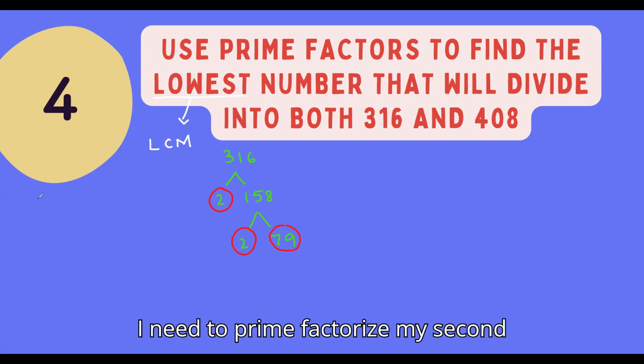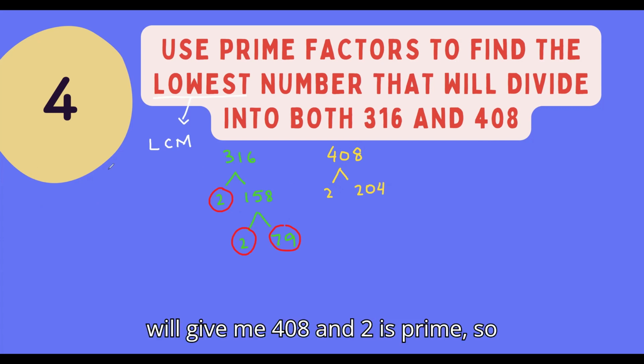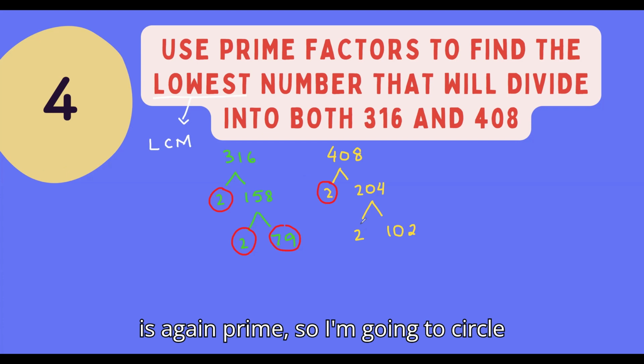Now I need to prime factorize my second number, which is 408. So 2 times 204 will give me 408, and 2 is prime, so I'm going to circle 2. Then 2 and 102, and 2 is again prime, so I'm going to circle it.